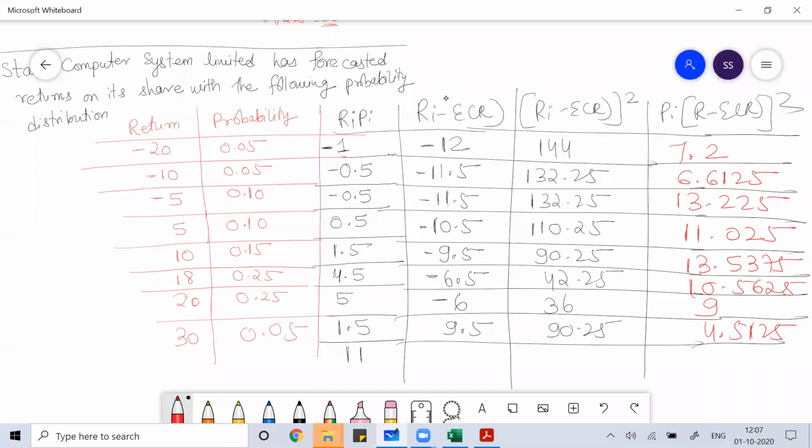Then do the sum of this: 4.5125 plus 9 plus 10.5625 plus 13.5375 plus 11.025 plus 13.225 plus 6.6125 plus 7.2. It should be something around 75. Okay.